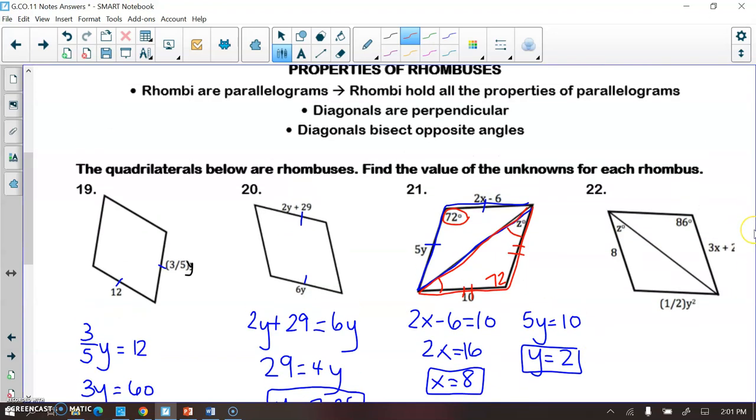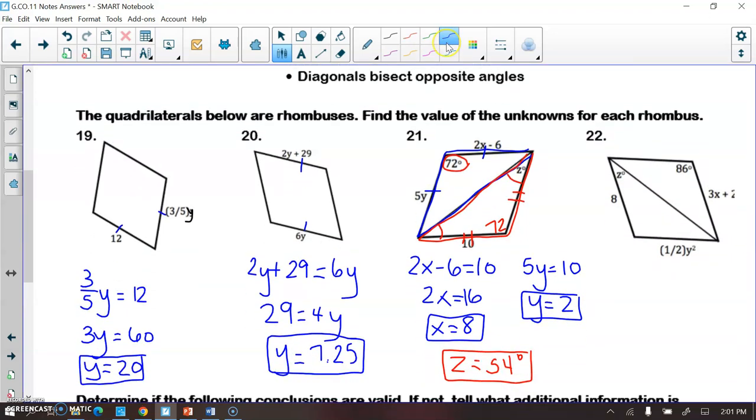All right, next problem. I can set that 3x plus 2 equal to 8 because all four sides are congruent. Subtracting 2 from both sides, I get 3x is equal to 6, and dividing by 3 on both sides, x comes out to be 2. For y, I have a 1/2 y squared.